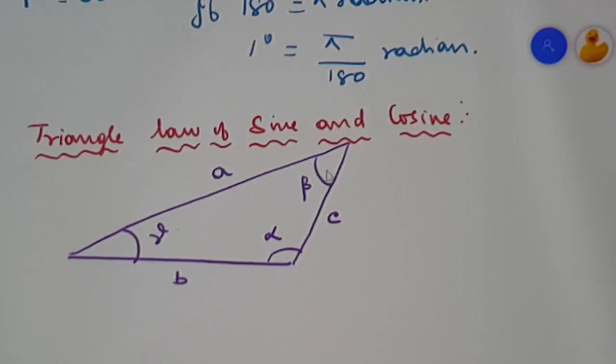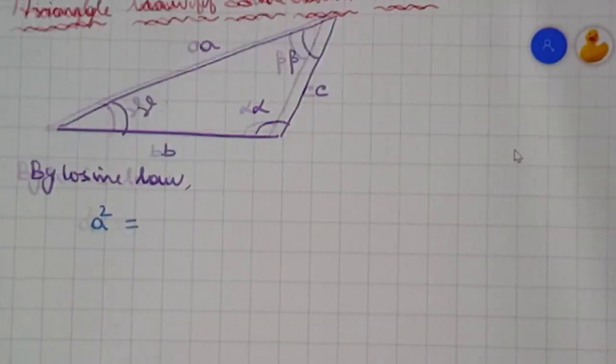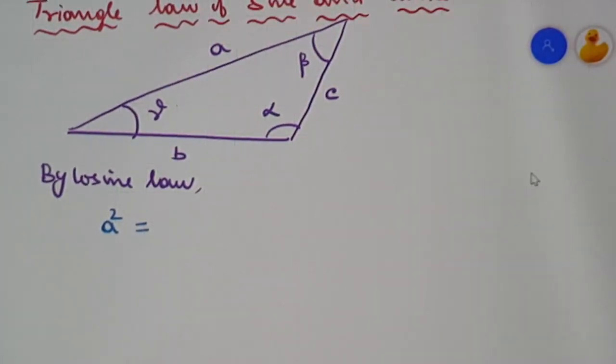Here, by the application of cosine law, I can write a square is equal to b square plus c square minus 2bc cos alpha.